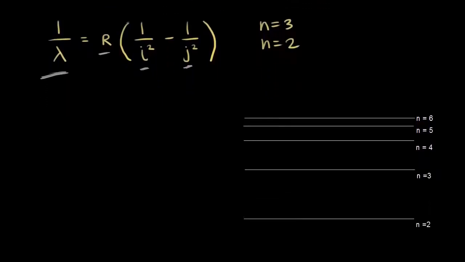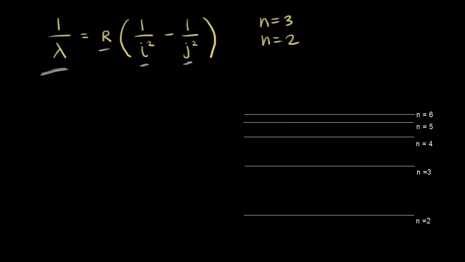Let me draw an electron here, falling from the n equals 3 energy level down to n equals 2. The difference in energy between those two levels is equal to the energy of the photon. That's how we derived the Balmer-Rydberg equation in the previous video.